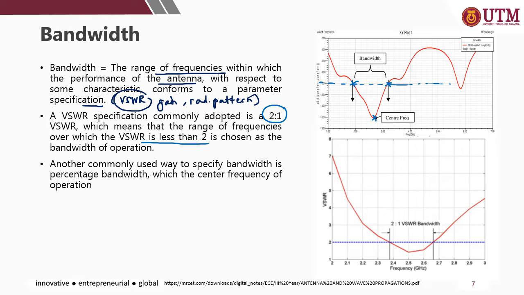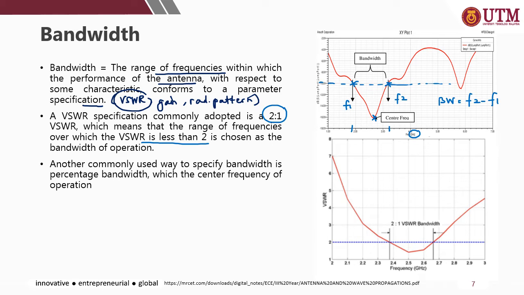We call this F2, which is around here, and F1 is around here, and don't forget to look at the unit, in this case gigahertz. So the bandwidth is equal to F2 minus F1.